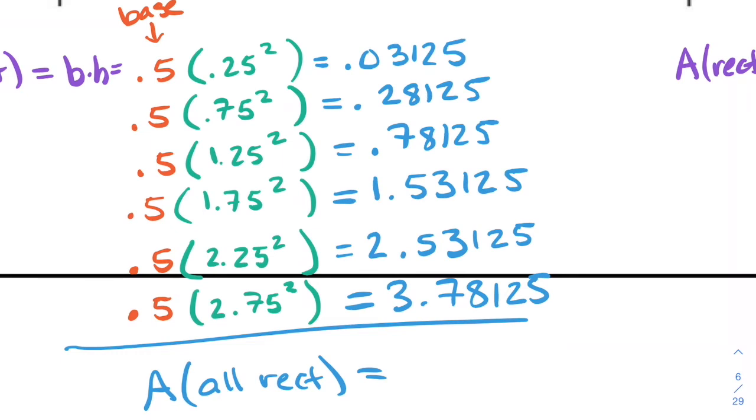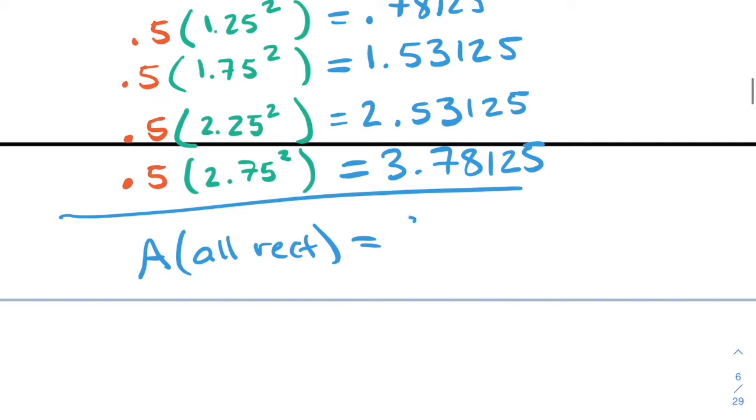All right, so we're going to add these all together. So I'm going to do that one plus that one plus that one. And I'm just pulling these from my calculator. And wow, I get about 8.9375.